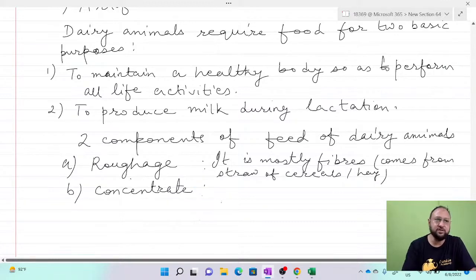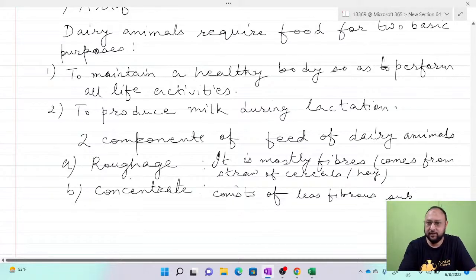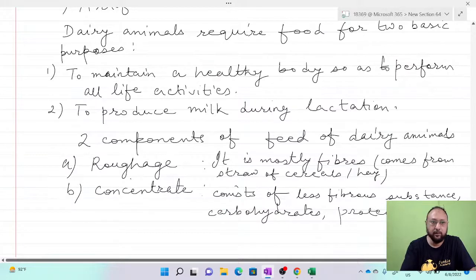Now the concentrate consists of a mixture of less fibrous substances, and carbohydrates, proteins, fat, vitamins, and mineral rich substances.